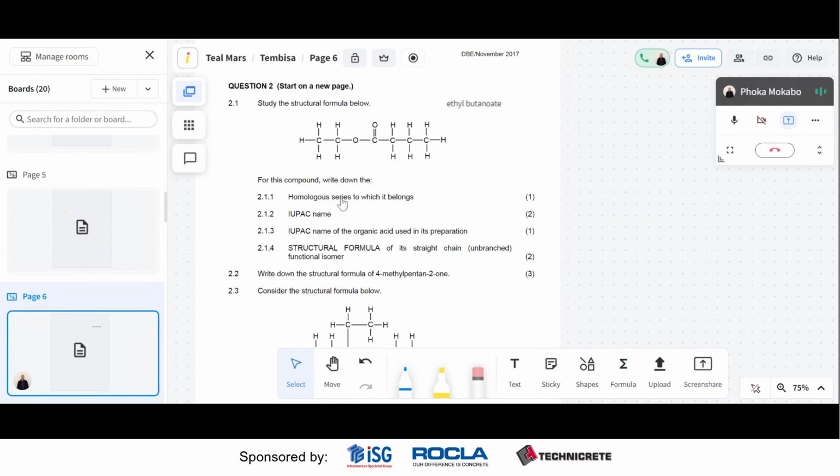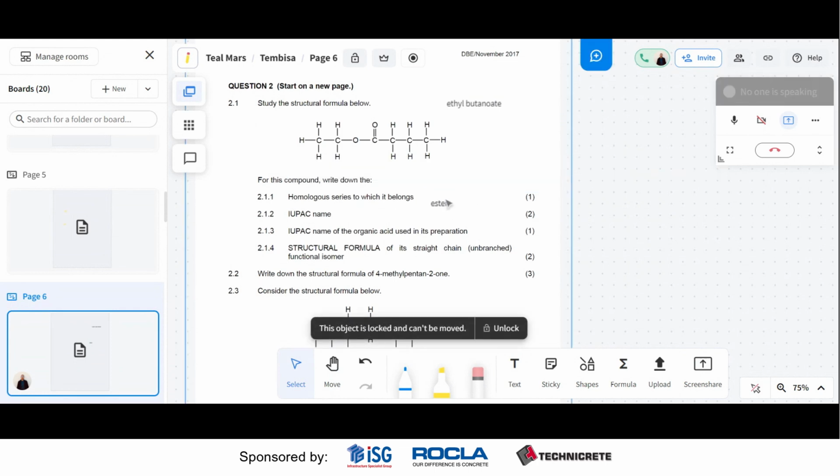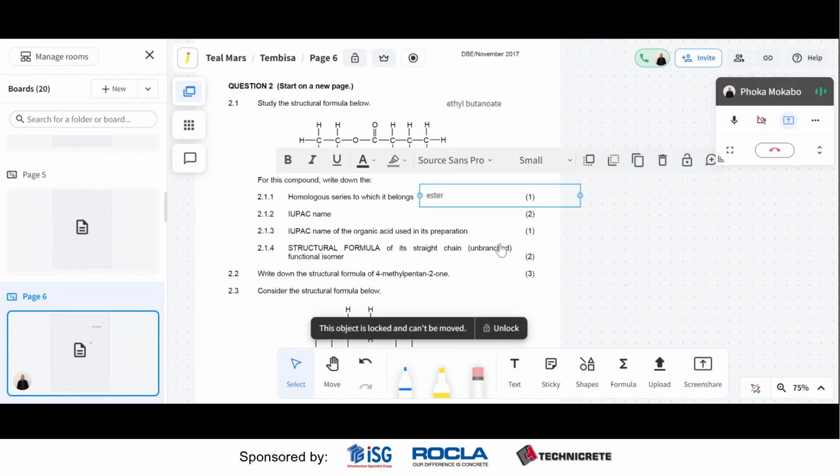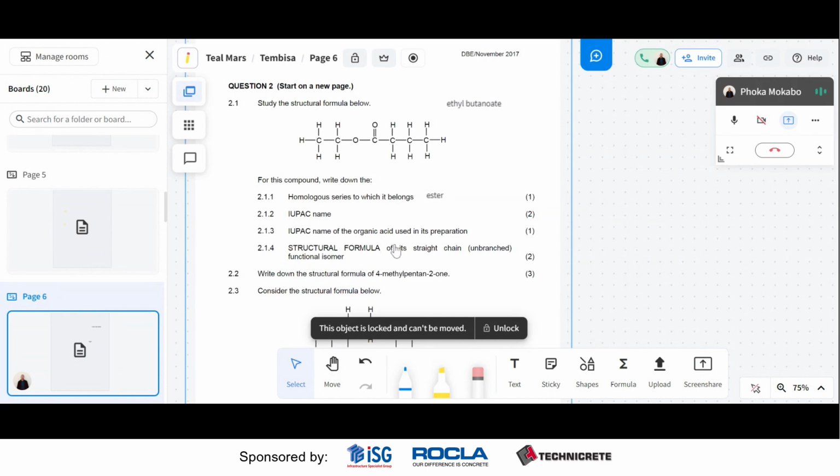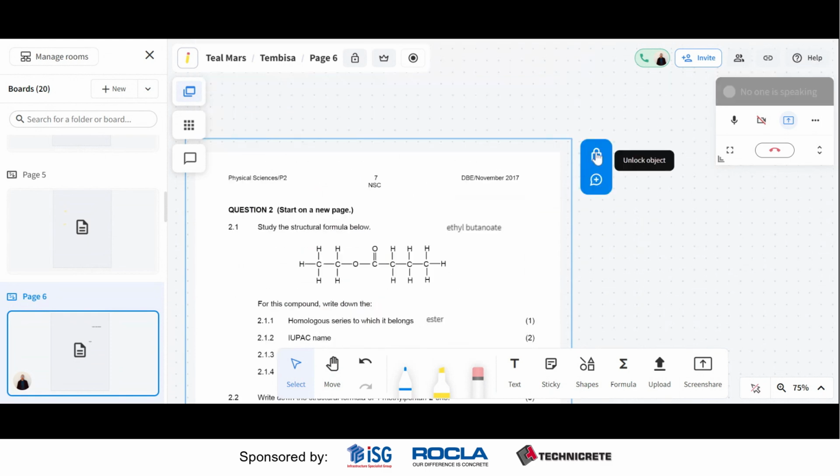So they say for this compound, write down the homologous series to which it belongs. Like I said, this is an ester, right? Let's just move that quickly. Now will be the answer for 2.1.1.